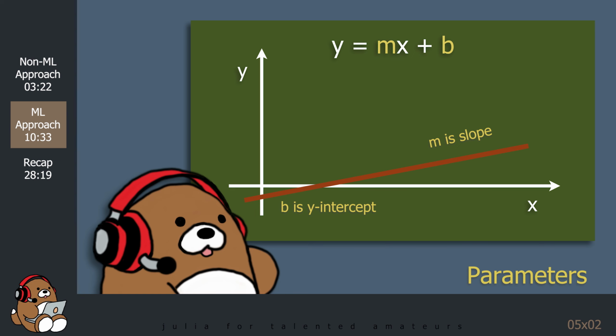Other times, machine learning folks will refer to the slope m as a weight, and the y-intercept b as a bias. This is what I meant earlier when I mentioned that different instructors use different terminologies when they're actually referring to the same thing. In this tutorial, I'll be referring to both the slope m and the y-intercept b as parameters.